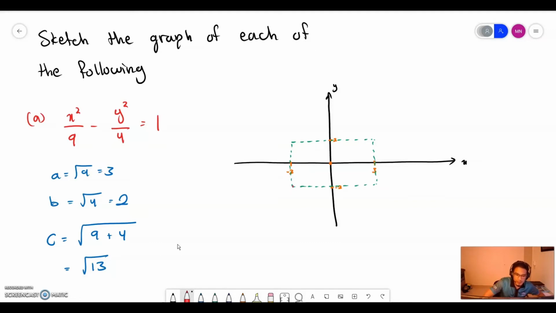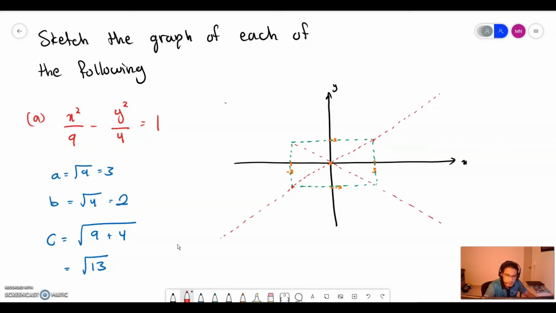From the corners of the square, or rather a rectangle, we create a dotted line for the asymptotes of our hyperbola. That is the asymptote with a negative gradient, and here is another asymptote.